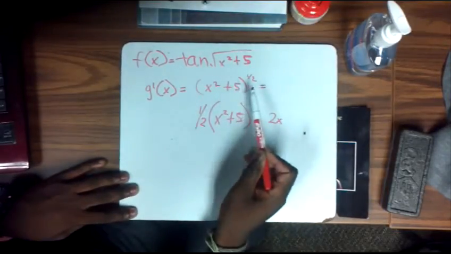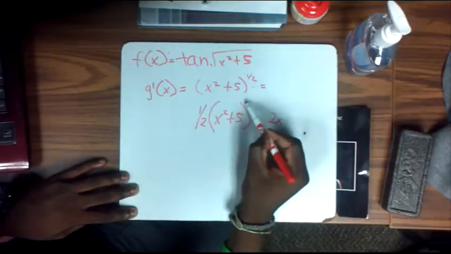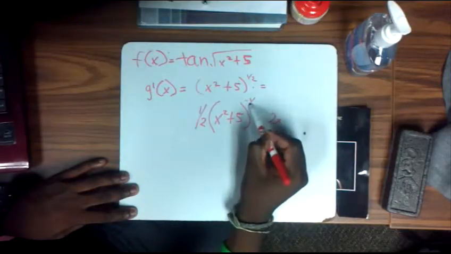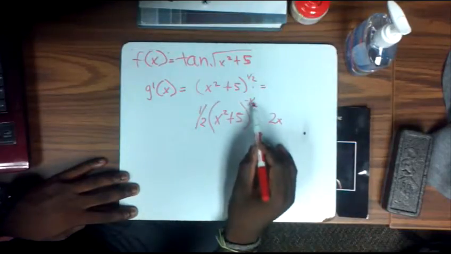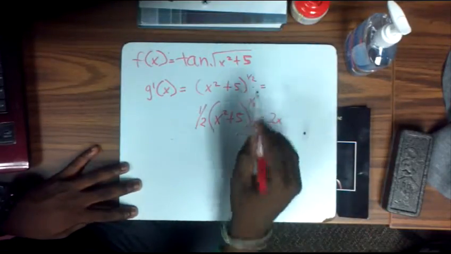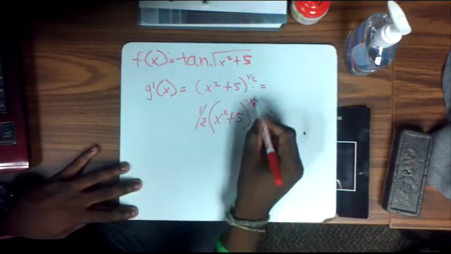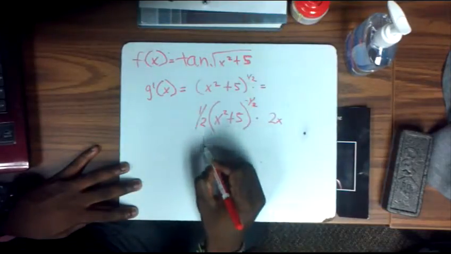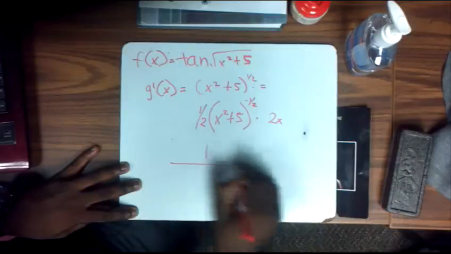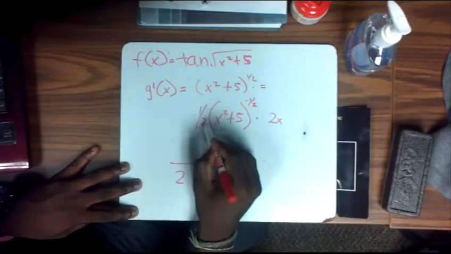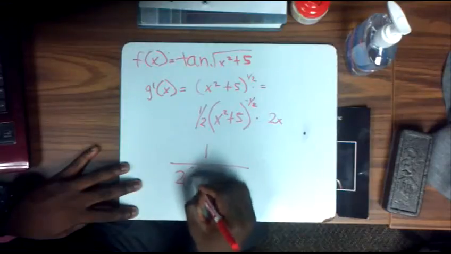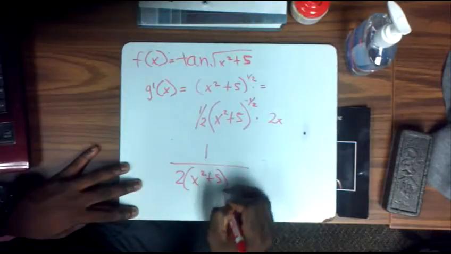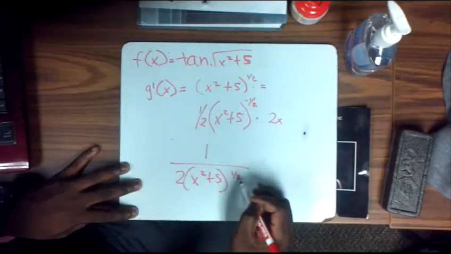And because we did the derivative of this whole thing, you take away 1 from the exponent and you get negative 1/2. Having this right here is going to turn this into 1 over 2 times x squared plus 5 to the 1/2.